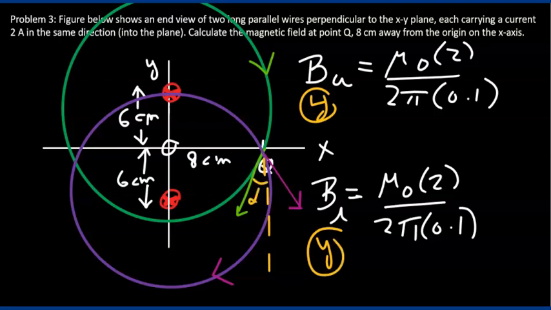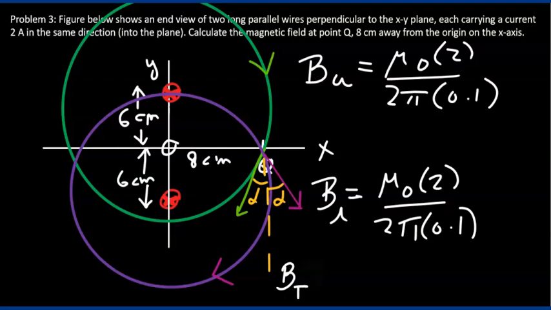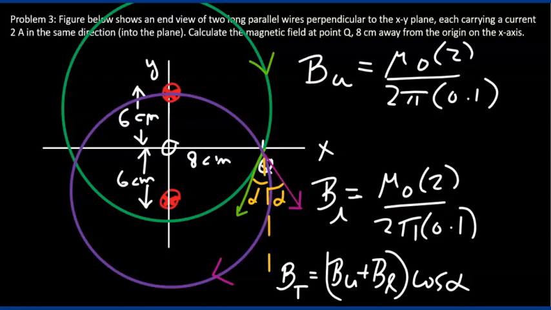Let's call that alpha. It's the same angle, alpha. So what that means is the total magnetic field is quite simply BU plus BL times cosine alpha, because we are only interested in the y component, and only the y component survives.